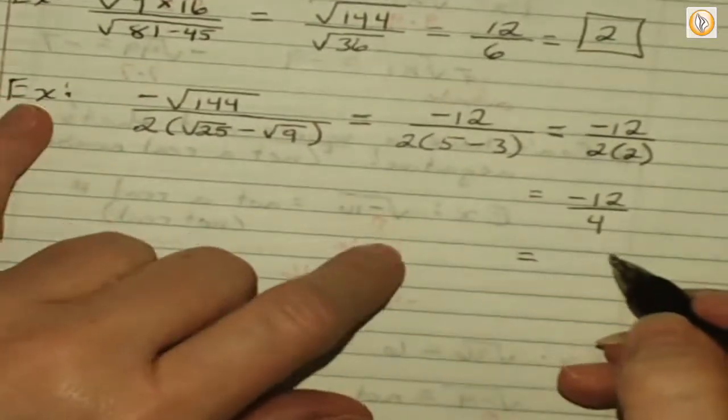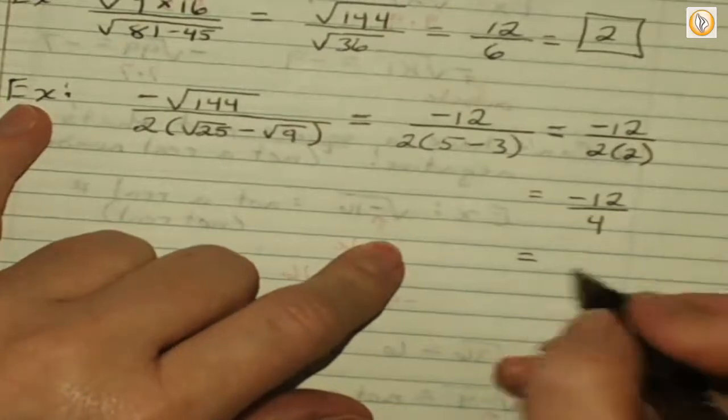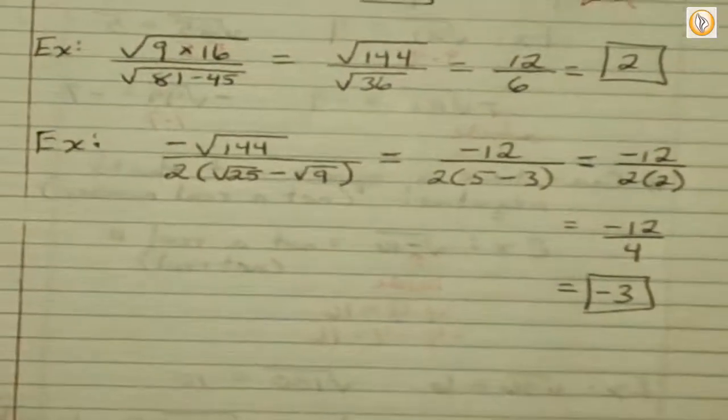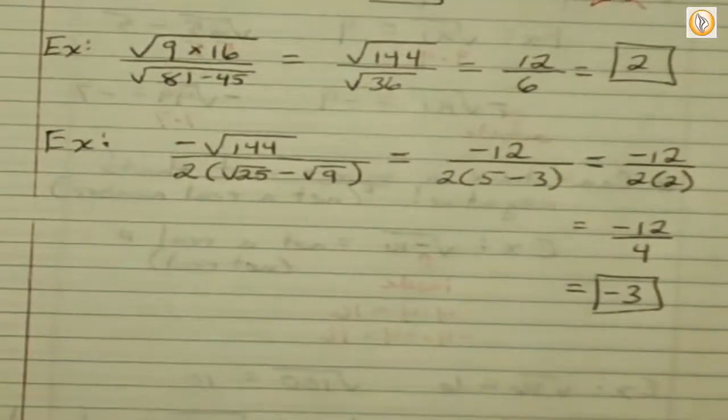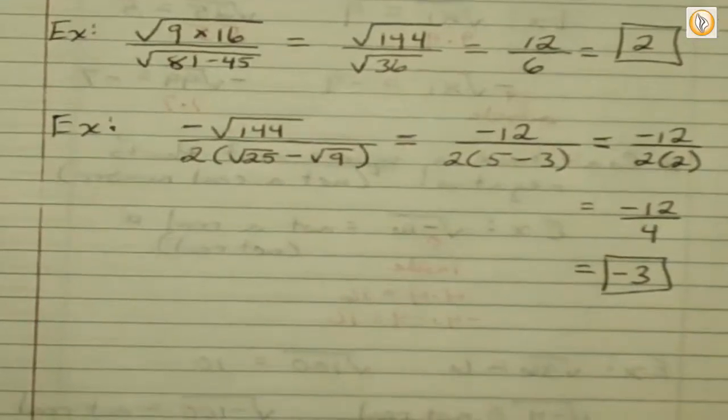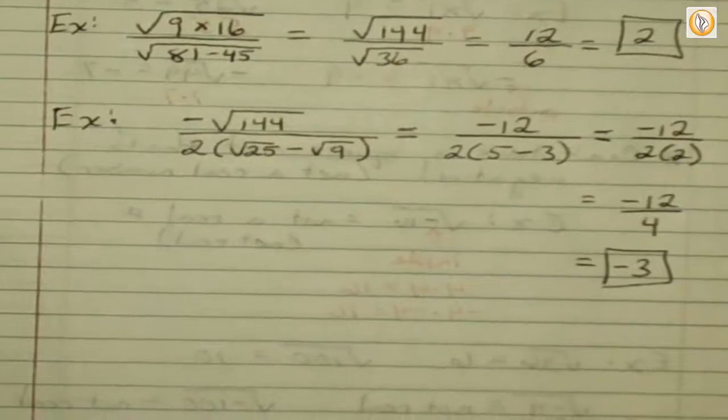And what's negative 12 over 4? Very good. All right. Any questions about that? Y'all got it? Anyone? All right, let's do another.